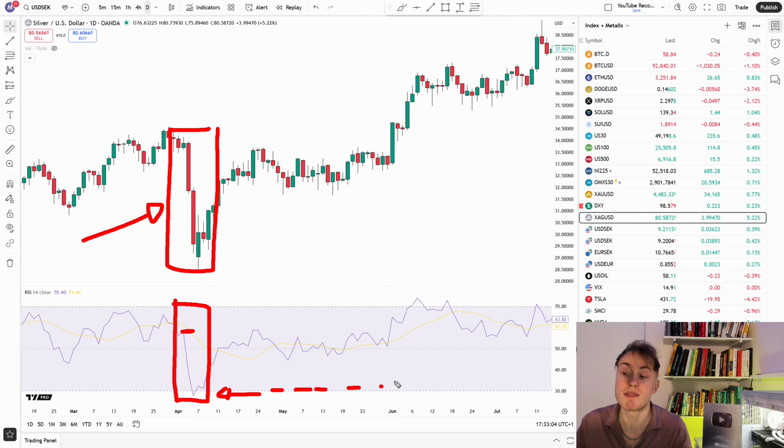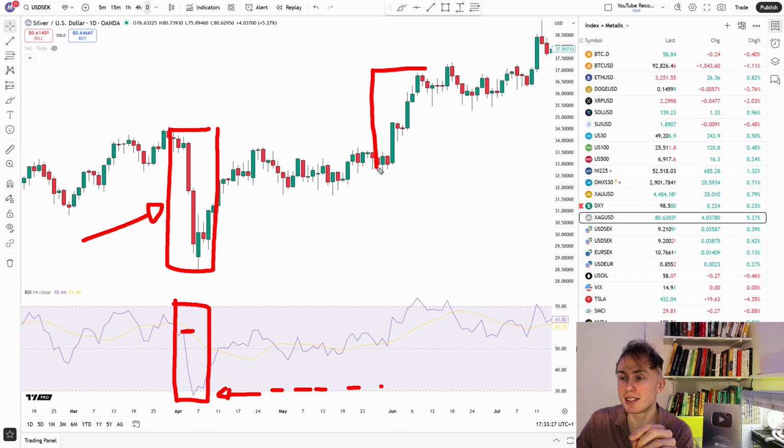And remember, below 30, we're entering the oversold territory. But very importantly, and I will show you later, something being oversold doesn't mean that it's a buying opportunity. That is a very common mistake, and I will talk about that more later. But for now, all you need to see is that strong momentum moves will have strong reactions on the RSI.